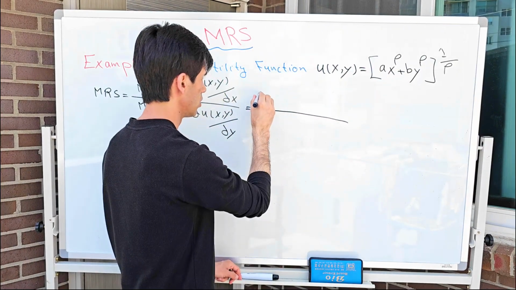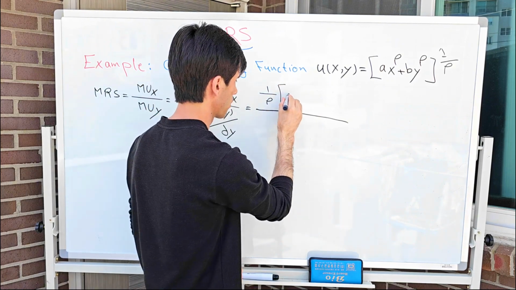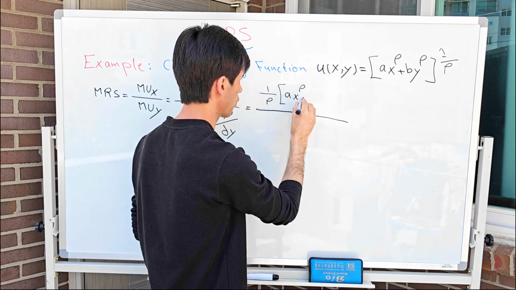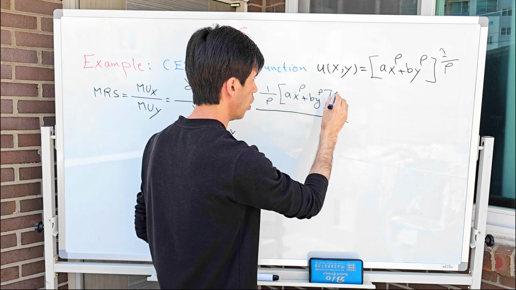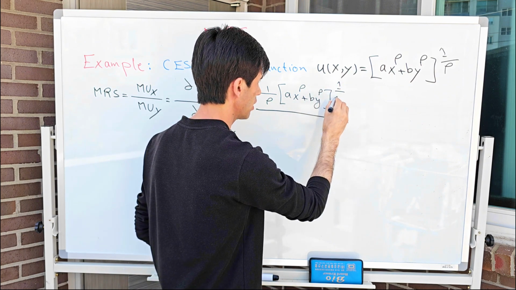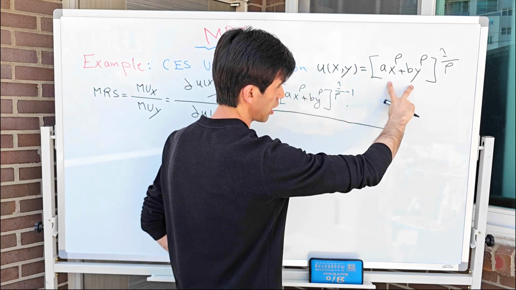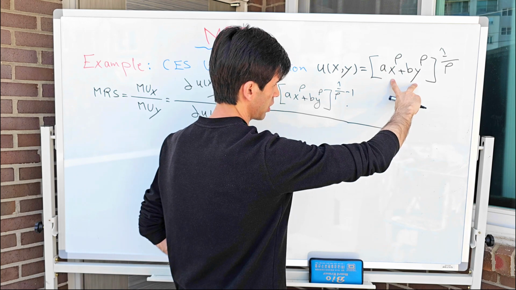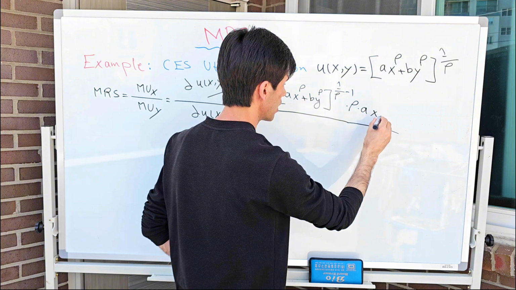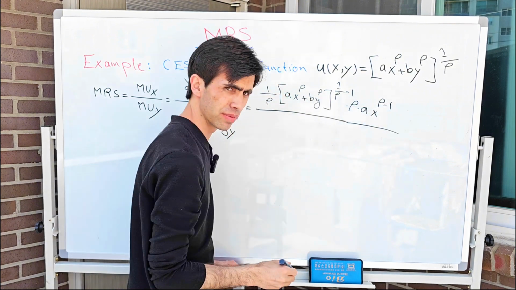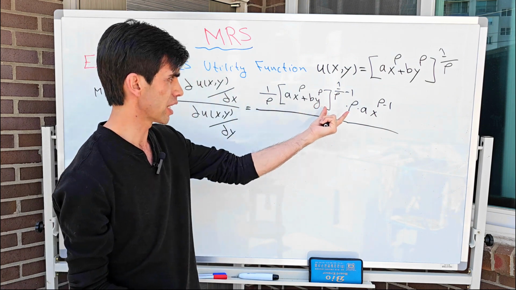It's equal to 1 over rho multiplied by (ax to the power of rho plus by to the power of rho) whole to the power of 1 over rho minus 1, multiplied by the partial derivative of this inside function with respect to x, which will be equal to rho multiplied by ax to the power of rho minus 1. So this is the partial derivative of our utility function with respect to x.